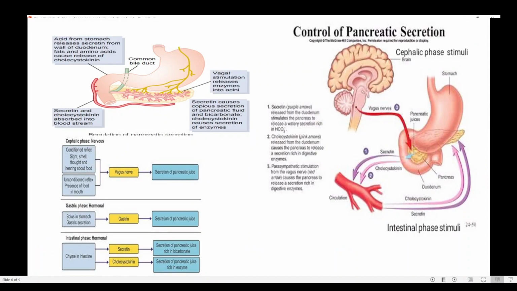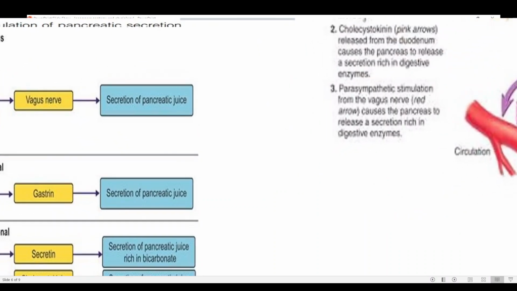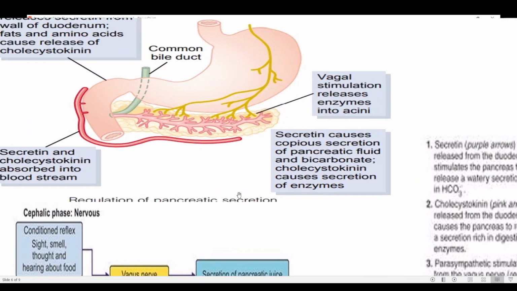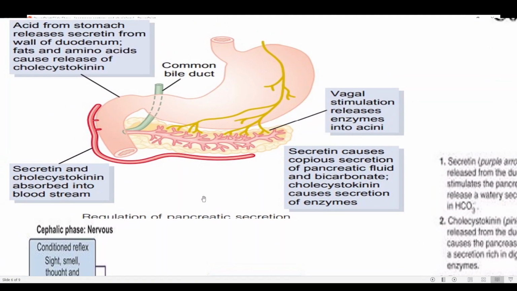Now the pancreatic secretion control. How is it controlled by our body? The pancreatic secretions are mainly controlled by the neuroendocrine system. Neuro means nerve, endocrine means hormone.